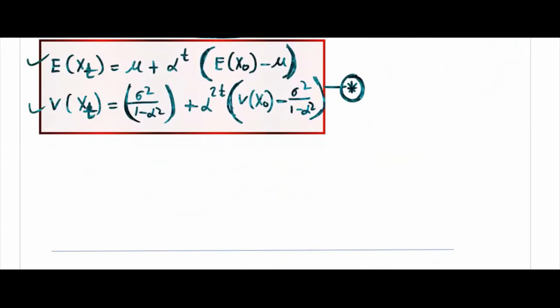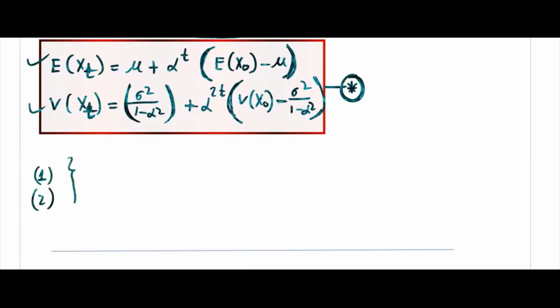But if you see, there is a t dependence. Suppose you find expectation of x10, you will get something; if you find expectation of x12, you will get something else. That means the expectation of the stochastic process changes with time. We don't want that. So how is that possible? That is possible only when the t dependency disappears.